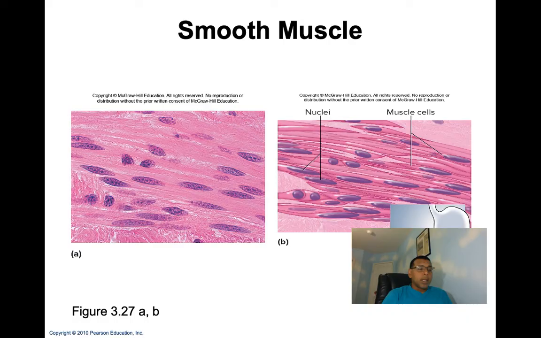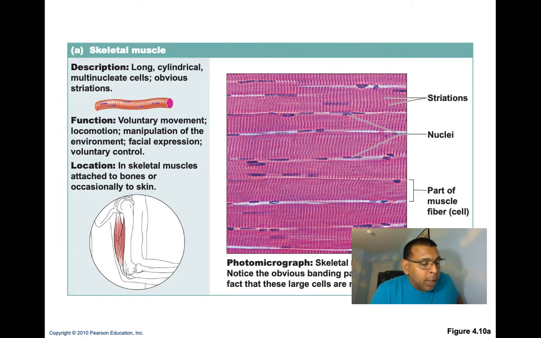Let's go right to this slide. Now we talk muscle tissue. First, let's talk skeletal muscle. Skeletal muscle is going to be broken down to one skeletal muscle cell, one skeletal muscle fiber. One skeletal muscle fiber is going to be, you can see here, a nice long, cylindrical, multinucleate cell.